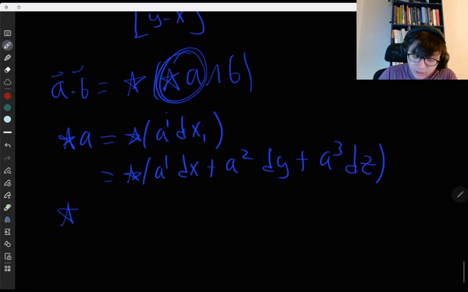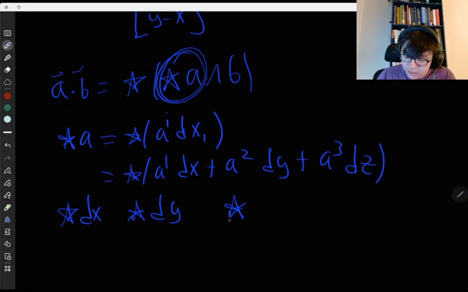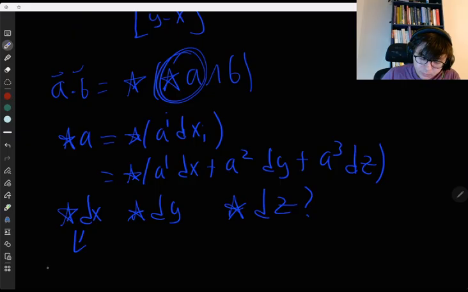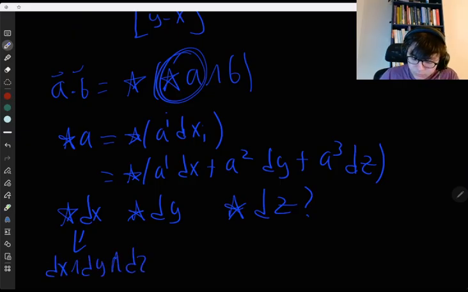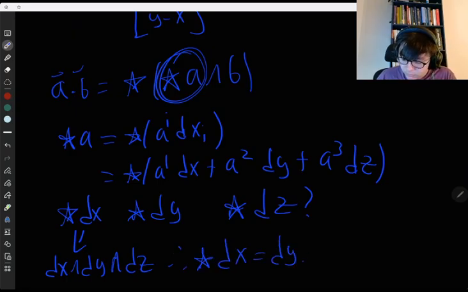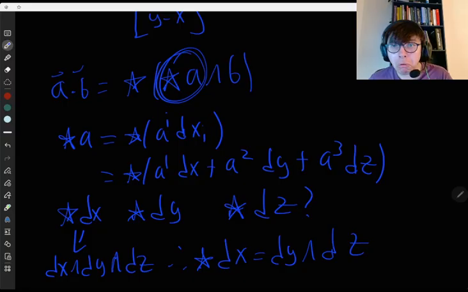So we're going to figure out what is star dx, what is star dy, what is star dz. A little preview. Wow, what could that do, right? And then what if I star this? What does that even mean?